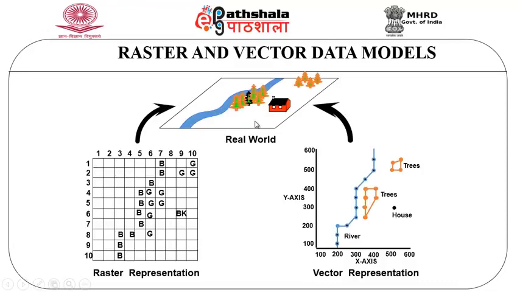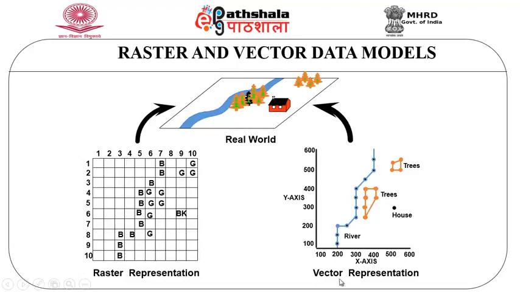In this example we have shown the raster as well as the vector data models. The middle one is a real world data set. This kind of real world data set can be visualized as a raster data model as well as a vector data model. In the raster representation, B represents the blue color, G represents the green color, and BK represents the house. Here every data is represented in the form of a pixel value and shown in the form of a matrix.